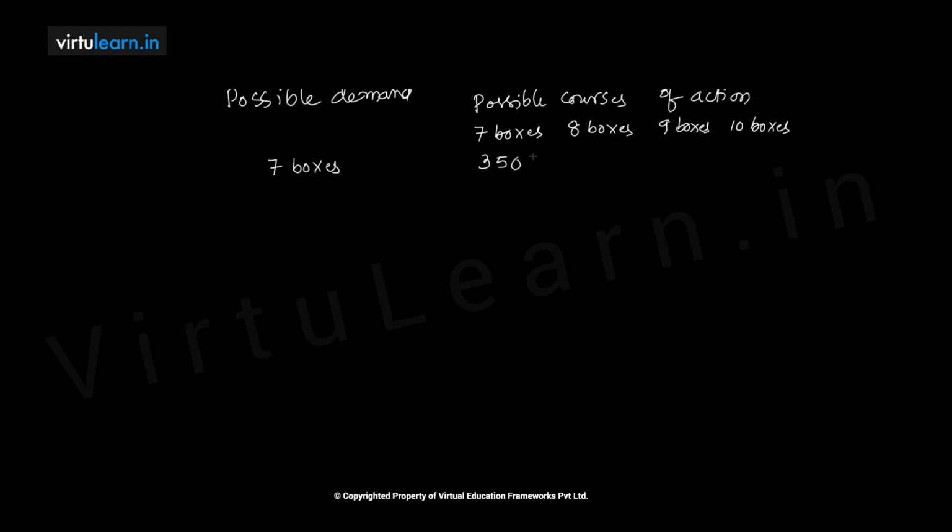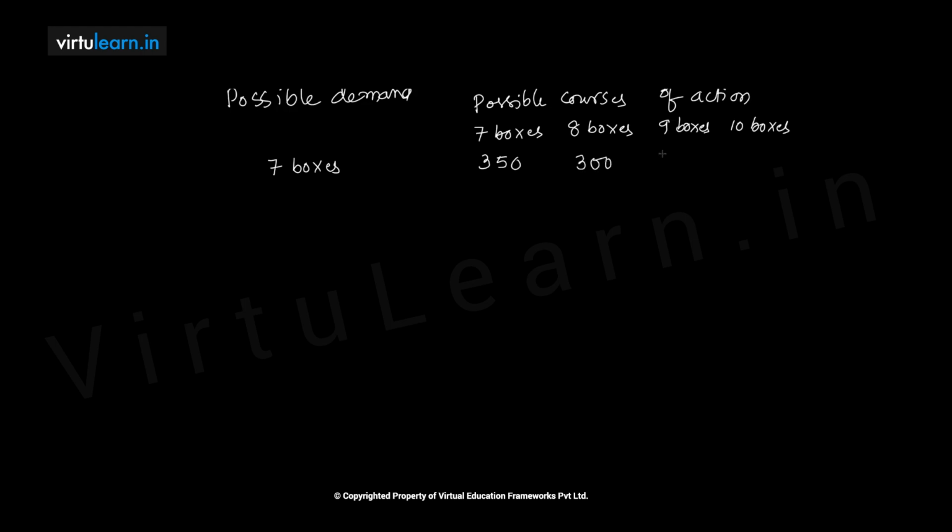He could sell only 7 boxes. That means 1 box is lost. So out of 7 boxes he has got 350 rupees as profit and 50 rupees is lost because they are perishable. 1 box he could not sell and that was a loss for which he has paid 50 rupees. So 350 minus 50 is 300 rupees.